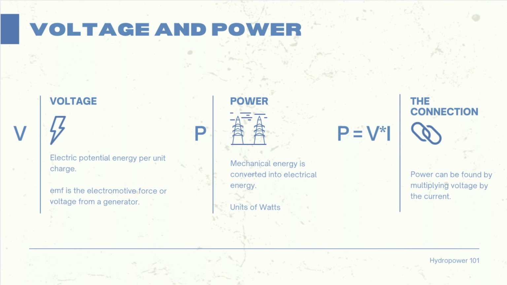Finding the connection between these two also became a necessity. Voltage can be defined as the potential energy per unit of charge, being called EMF in the case of a generator. Power is the rate at which energy is converted from one form to another, in this case mechanical to electrical. The two are related by a simple equation. Multiplying the voltage by the current will give power in watts.